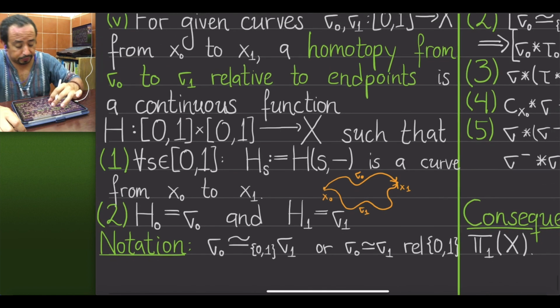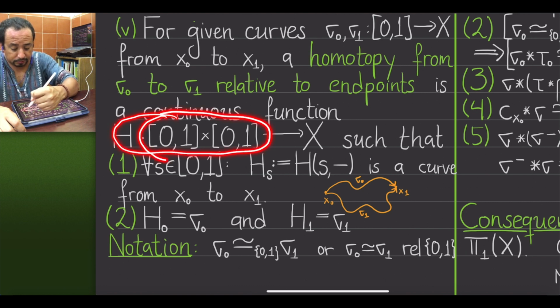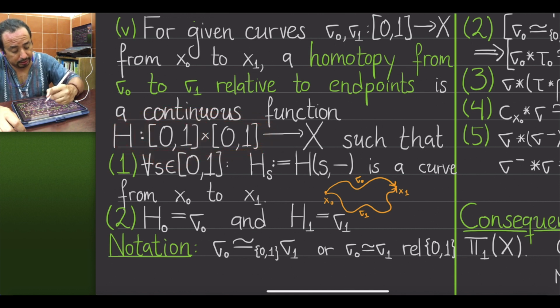And the first condition tells me, so for this deformation that is going to take place throughout a unit of time, for every s I have a curve from x0 to x1.